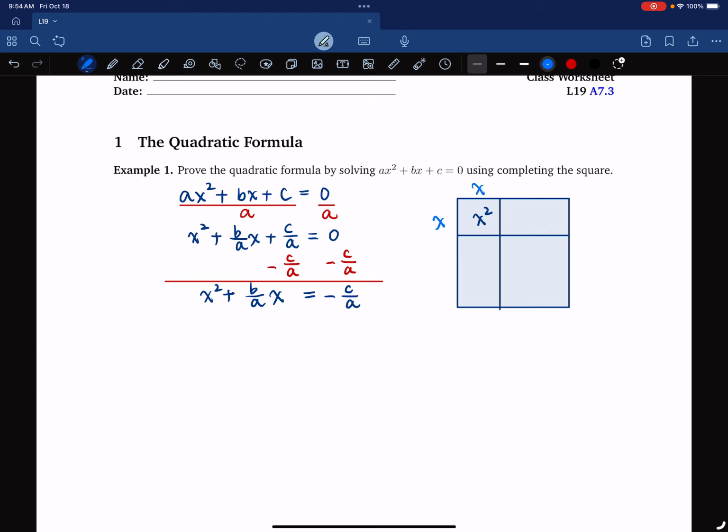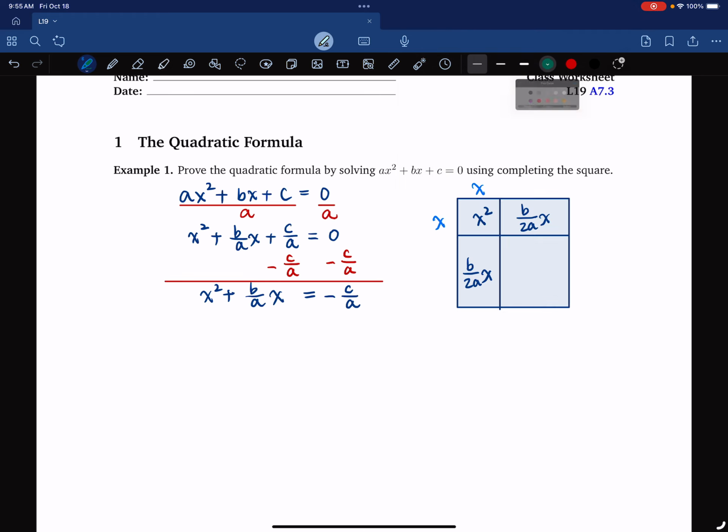And then the next term on the left-hand side is b over a times x. I'm going to divide it by 2 like we did before. So it will be b over 2a x, and then over here, b over 2a x.